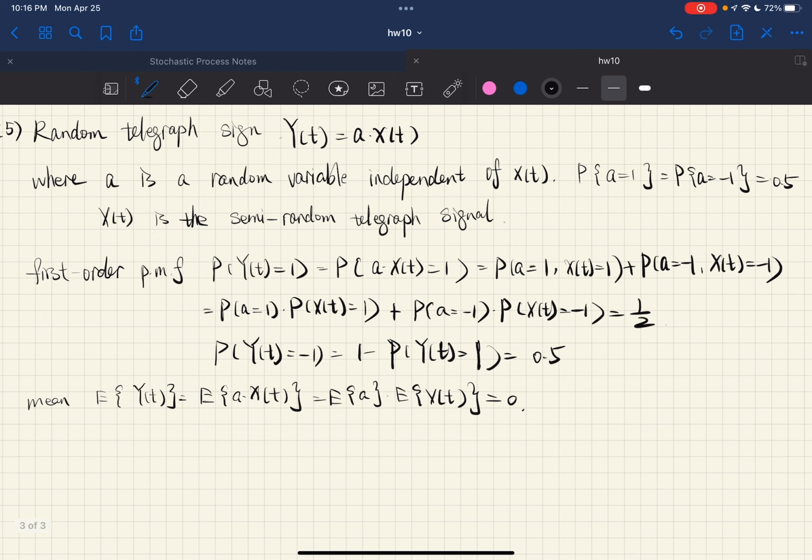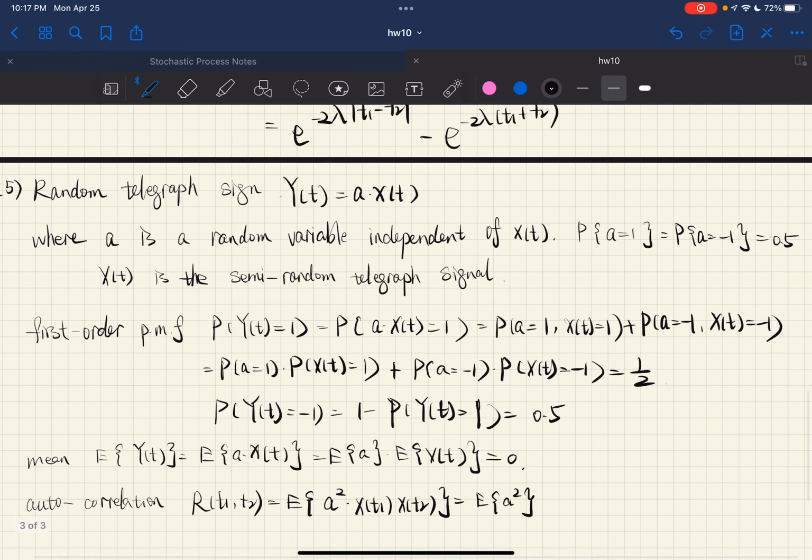And for the autocorrelation, R(t1, t2) equals the expectation of a to the power of 2 times xt1 times xt2. And we can separate a outside.